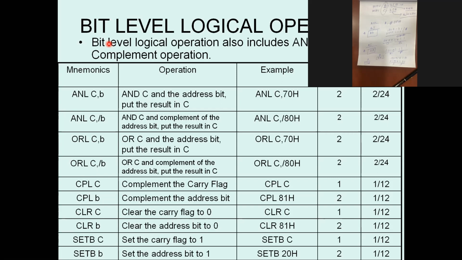So this is ANL C, /bit, and another is ORL C, /bit. The function of ORL C, /bit is a logical OR between the carry flag and the content of the particular bit address, complemented. For example, ORL C, /80H: the content of 80H is first complemented, if 0 then 1, if 1 then 0.